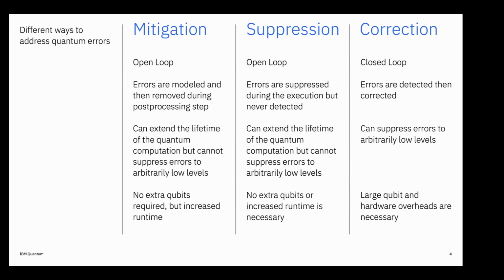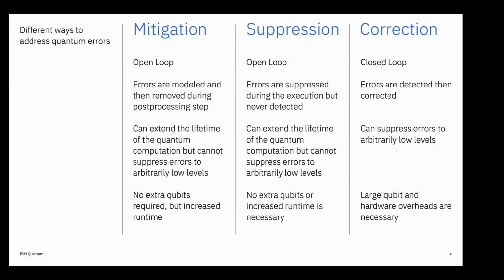There are going to be certain resource overheads. Error suppression has generally low resource overhead, but when you include the fact that you're running this on a device that also has a classical post-processing step, you will notice that that's not always the case. Error mitigation generally requires more number of runs, so the runtime increases, but not necessarily the number of qubits. And hopefully that statement will make sense by the end of the talk.